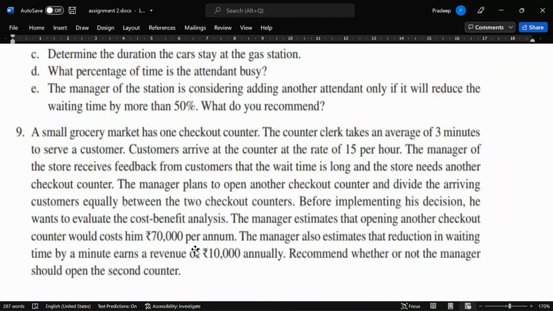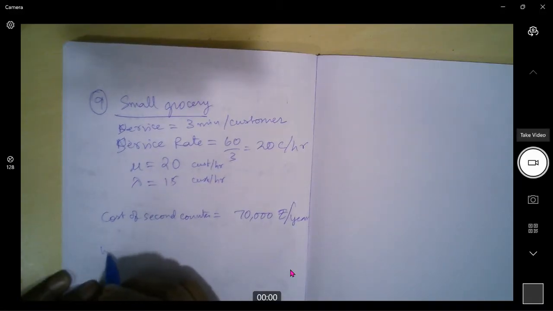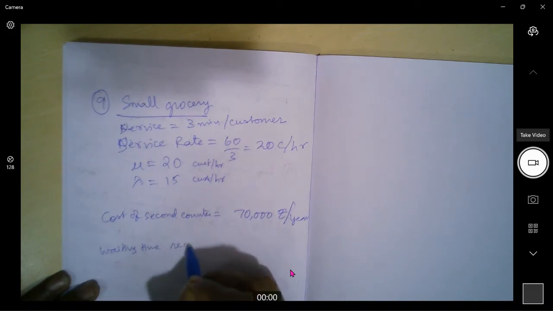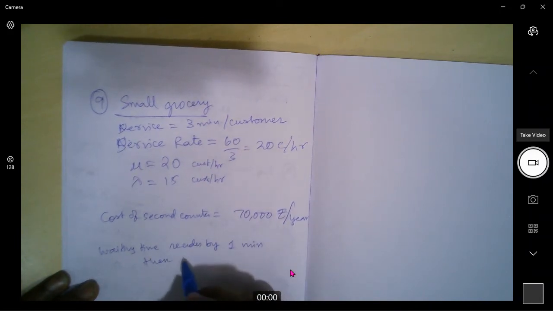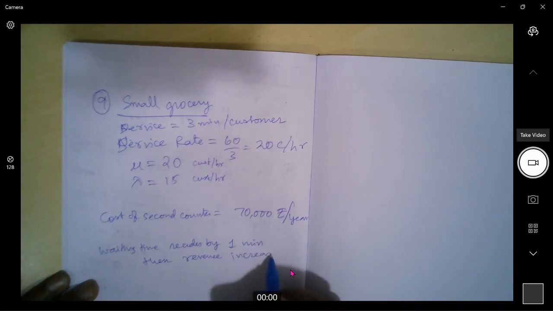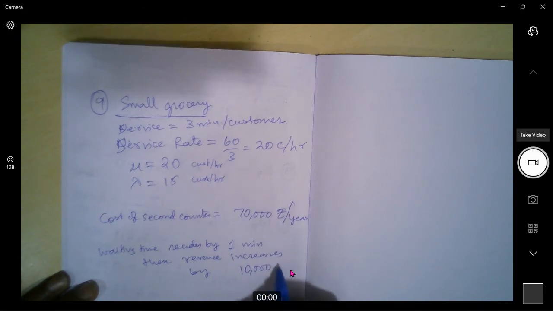Now, the manager also estimates that a reduction in waiting time by 1 minute earns revenue of 10,000 annually. So if waiting time reduces by 1 minute, then revenue increases by 10,000 per year.